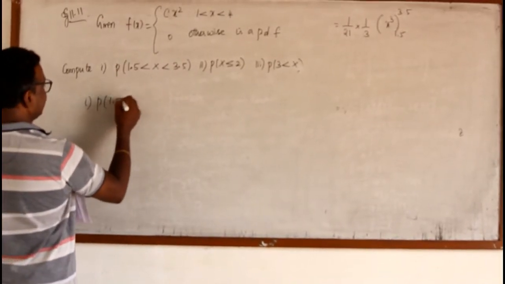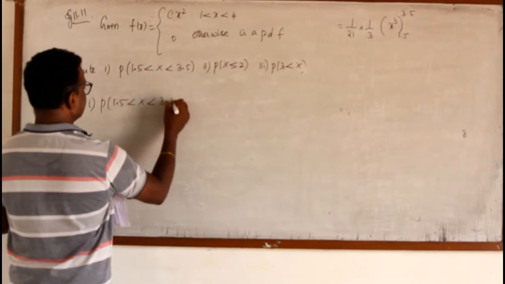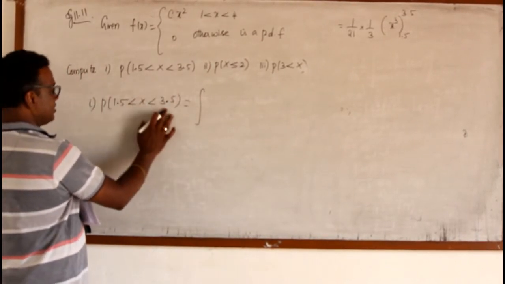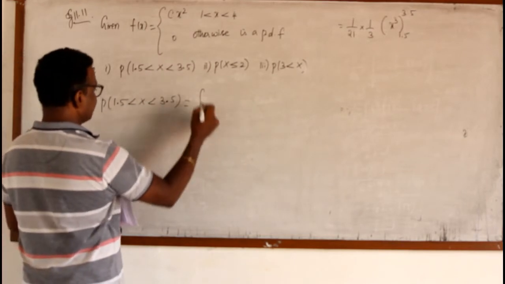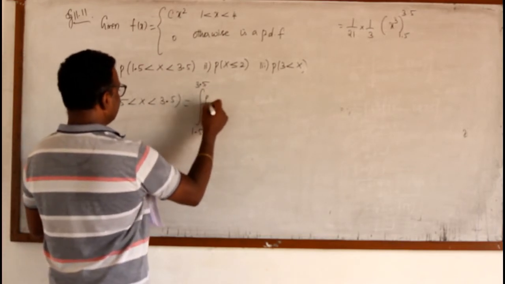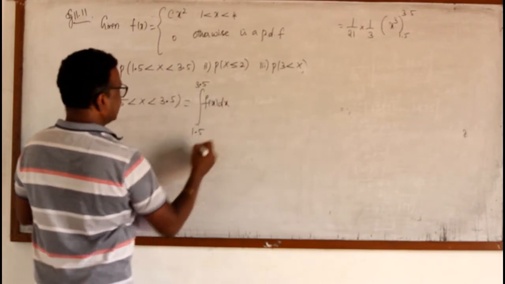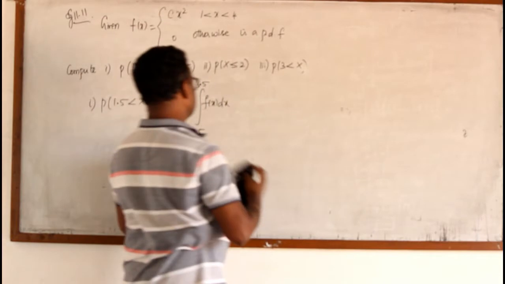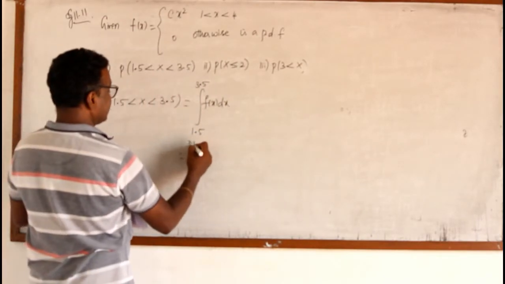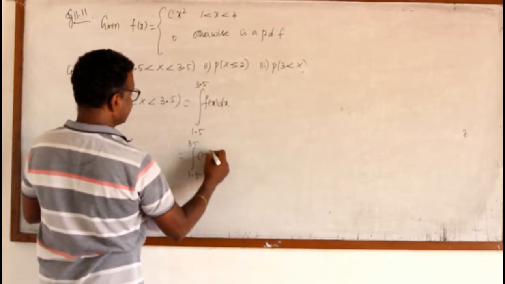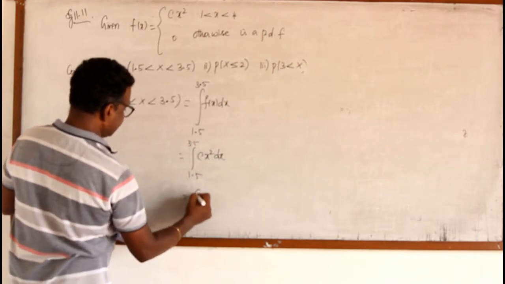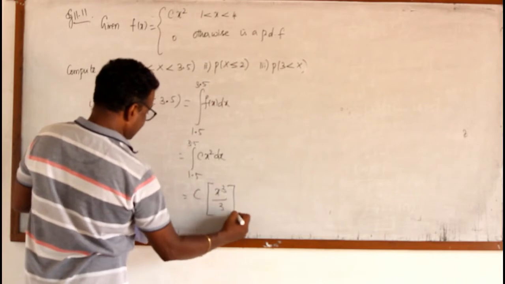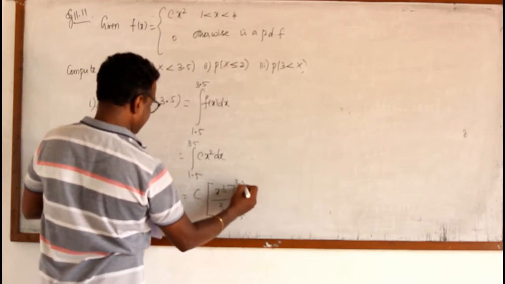P of 1.5 less than x less than 3.5 means I have to find the probability from 1.5 to 3.5. That means integration from 1.5 to 3.5 of f of x dx. f of x is cx square dx. c can be taken out. x square integration is x cube by 3, from 1.5 to 3.5.